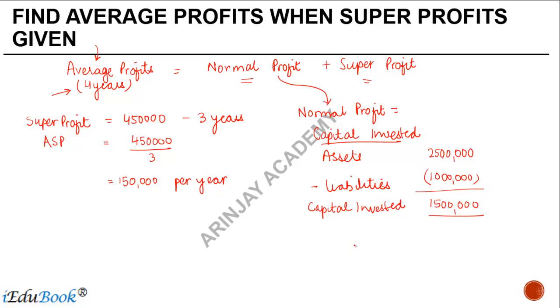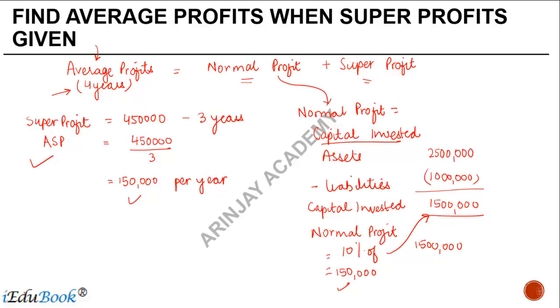The normal expected profit or the normal profit is how much? It is 10% of capital invested, or 10% of 15 lakh, which is 1,50,000. So my super profit is 1,50,000. My normal profit is 1,50,000.